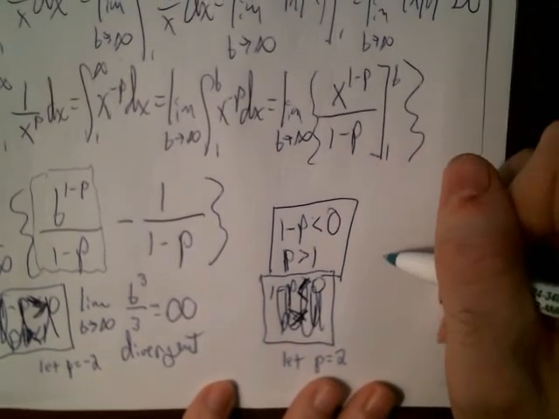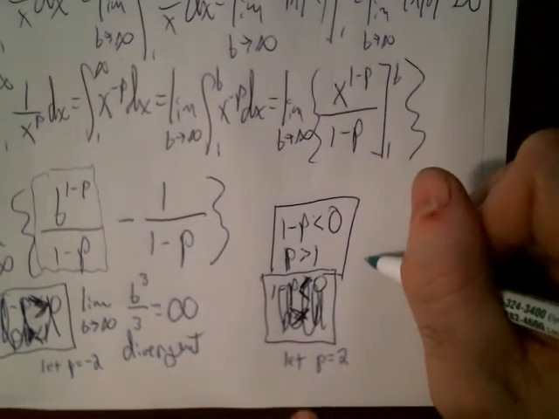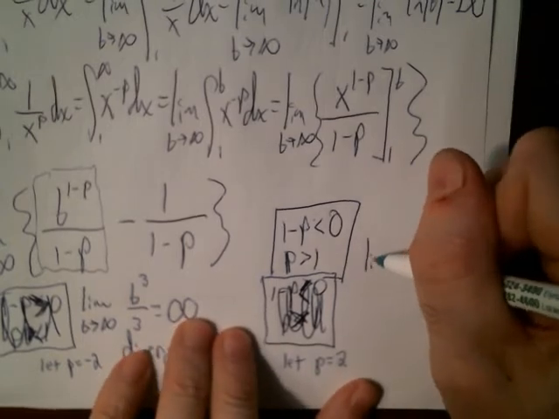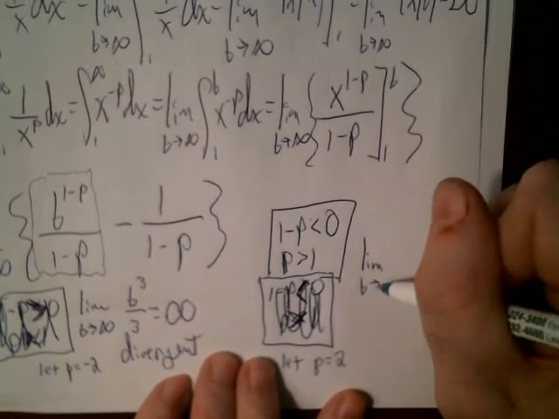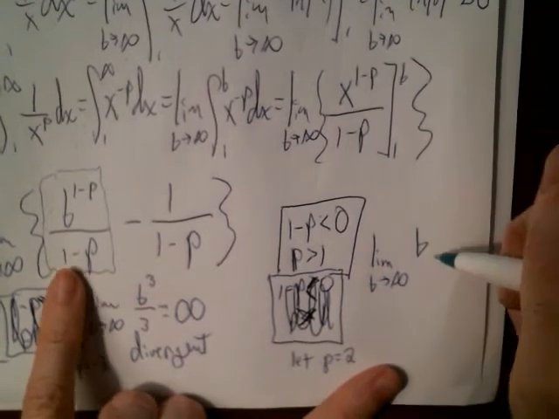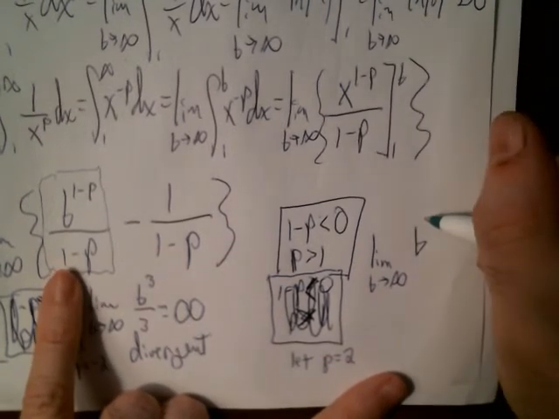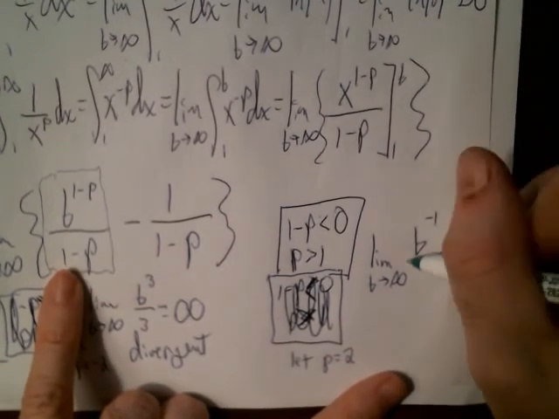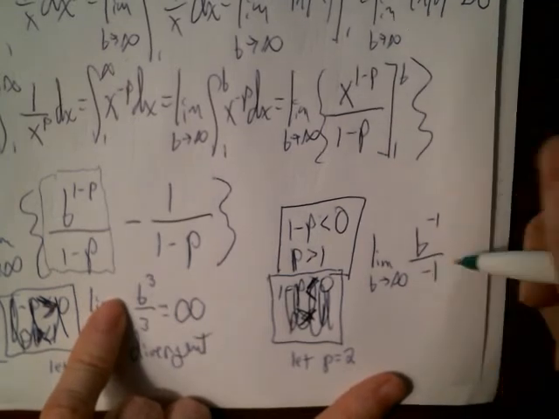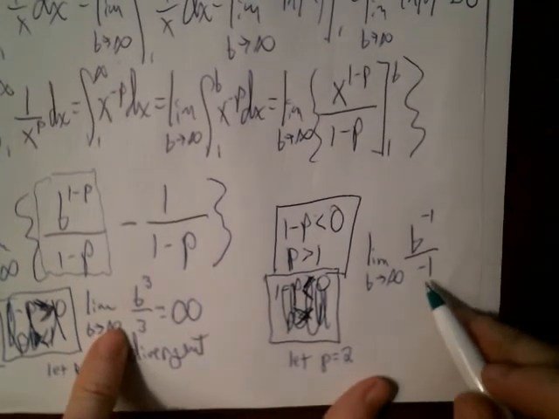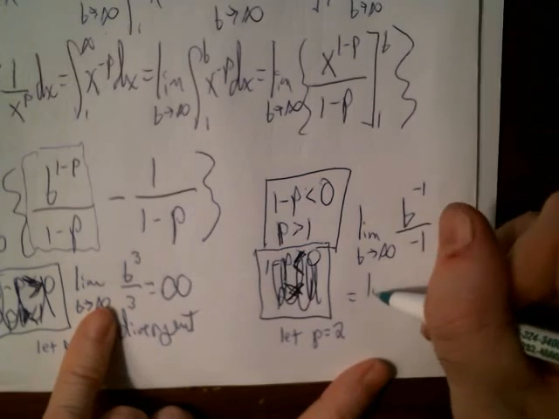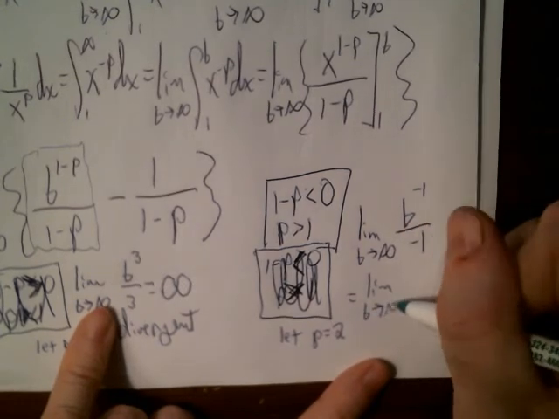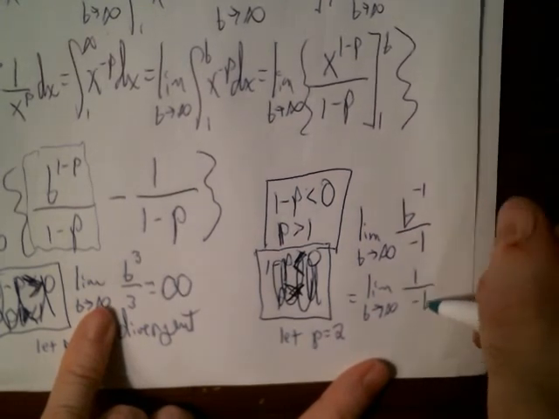Anyways, let's figure out the limit in this particular case. Consider the limit as b goes to infinity of b to the 1 minus 2, which is b to the negative 1, all over negative 1. I have a negative exponent, so I could drop that down to the denominator: the limit as b goes to infinity of 1 over negative b.